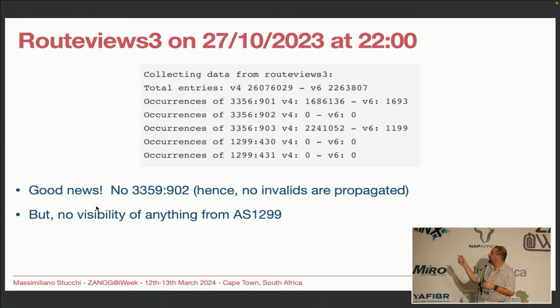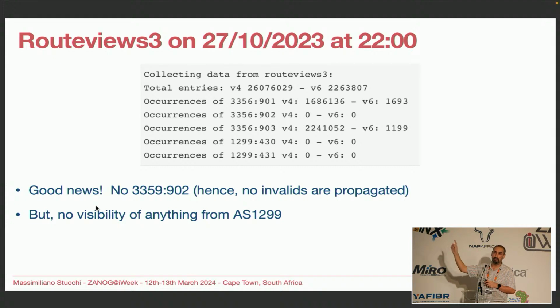And you can see that I took one dump from the 27th of October 2023 at 10 in the evening, and I looked at what I could see. Do I see any tags of this in RouteViews, or even, I tried the same in RIS? I didn't see anything from 1299.